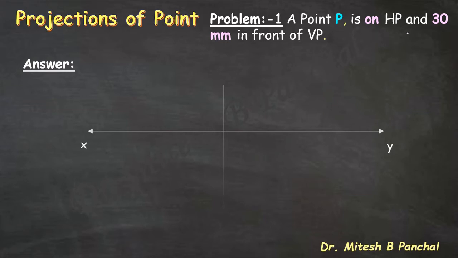As point P is on HP, that means P dash is on XY line and P is 30 mm in front of VP. When we rotate HP by 90 degree in clockwise direction, the top view of point P is 30 mm below XY line. So this one is the final answer of the given problem, that is, if point P is on HP and 30 mm in front of VP.